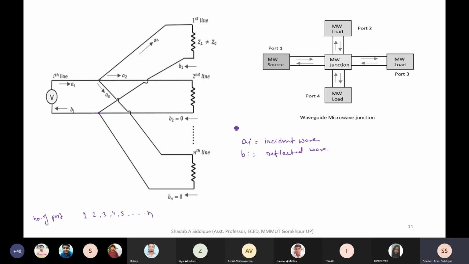The source is connected through the ith line. And if we want to give the relation between A1 and B1, how can we relate A1 and B1?